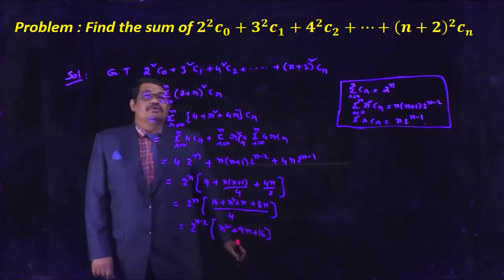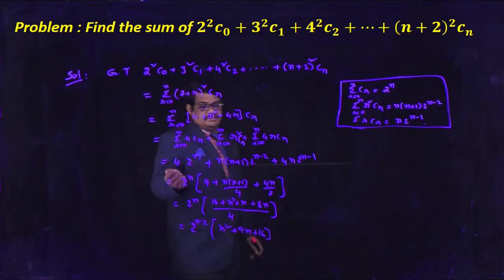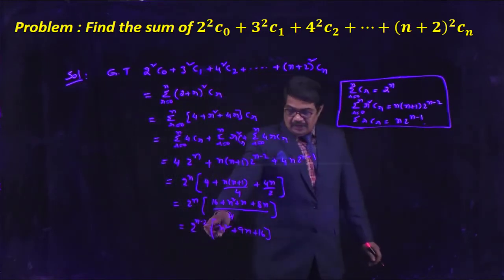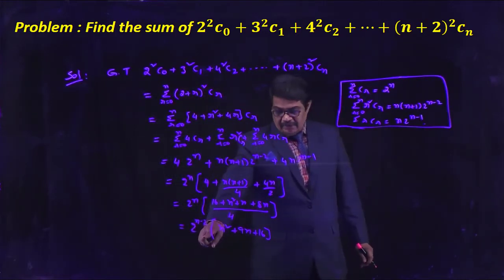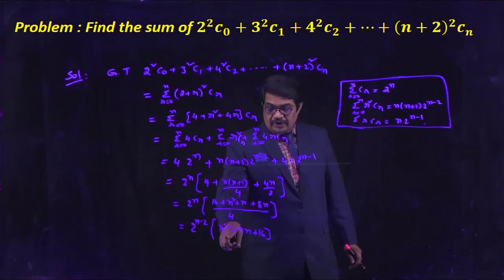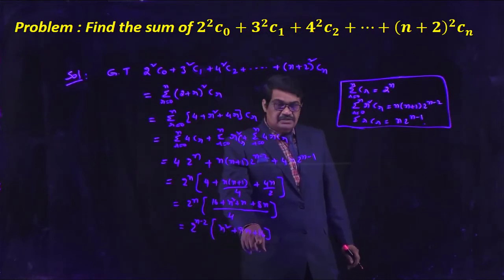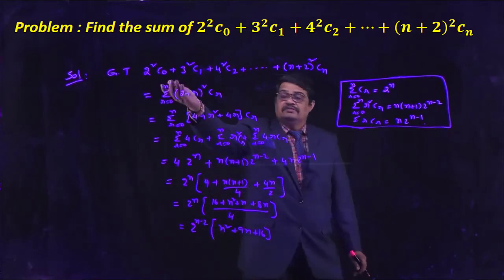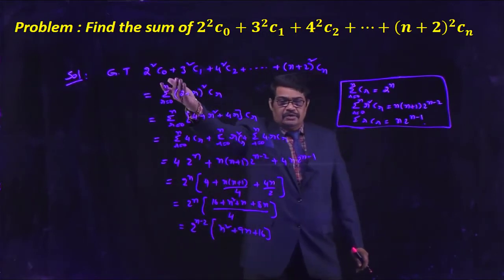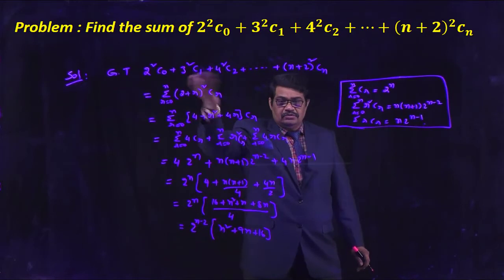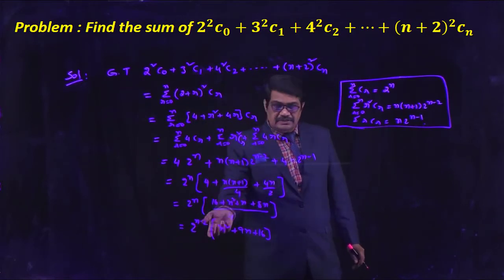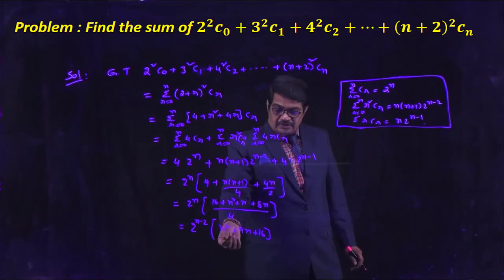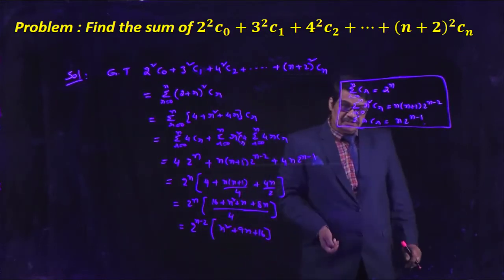So the value of the given series is 2 to the power of n minus 2 into n square plus 9n plus 16. This is the sum of the series.